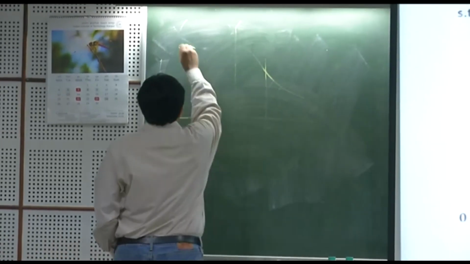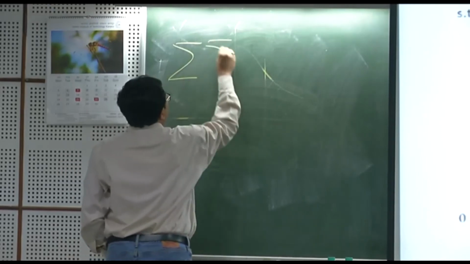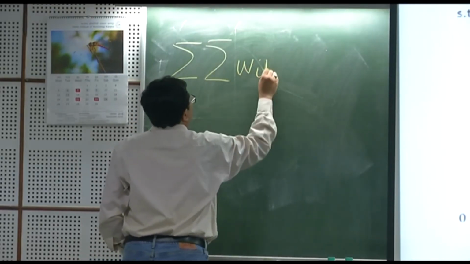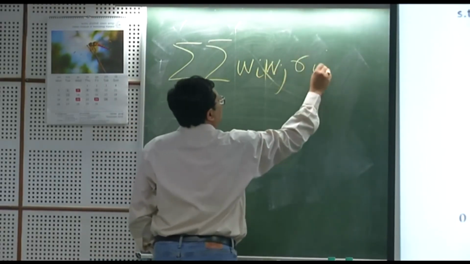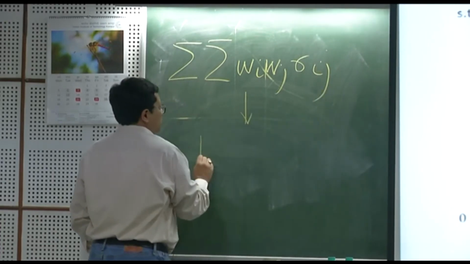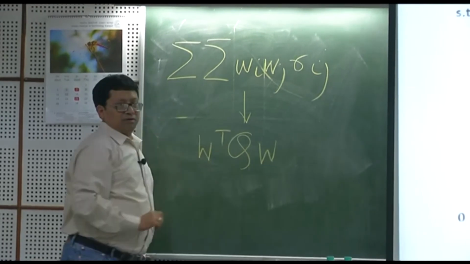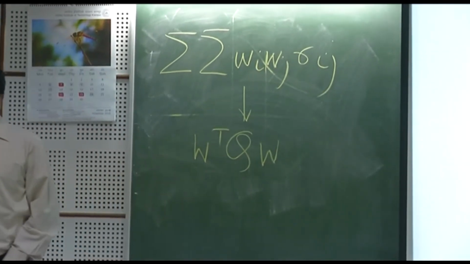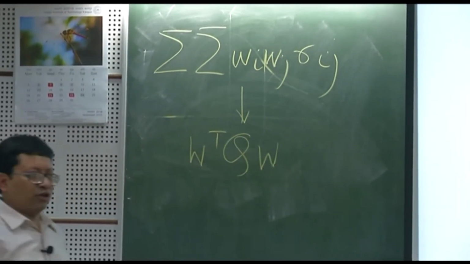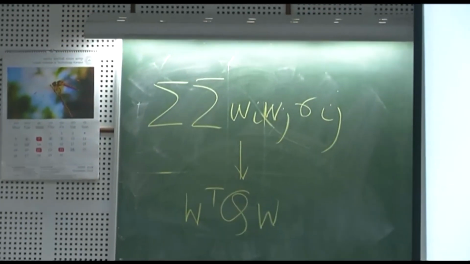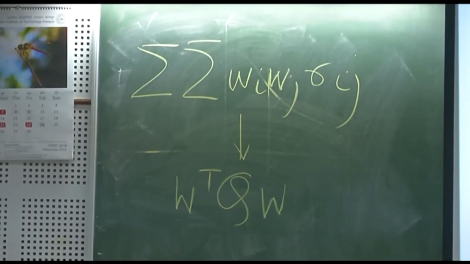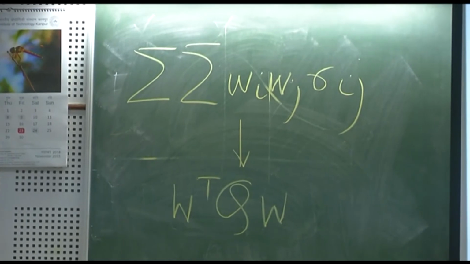The variance covariance matrix is given by this. So this is modeled as W transpose Q W. If you expand it, this is a vector. The Q you have assumed, W you basically start with, and similarly the W transpose is also given.